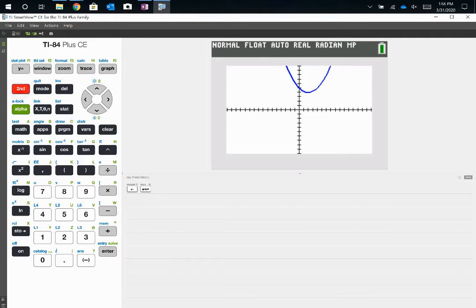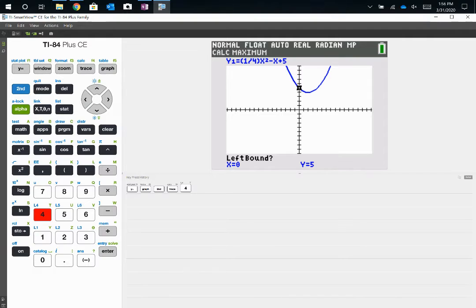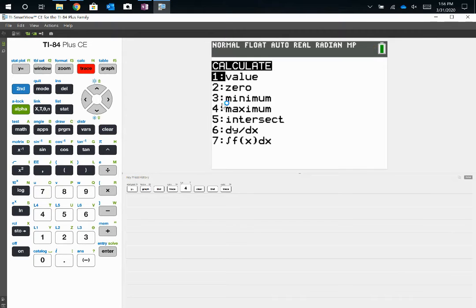I press second, calculate, the minimum point.